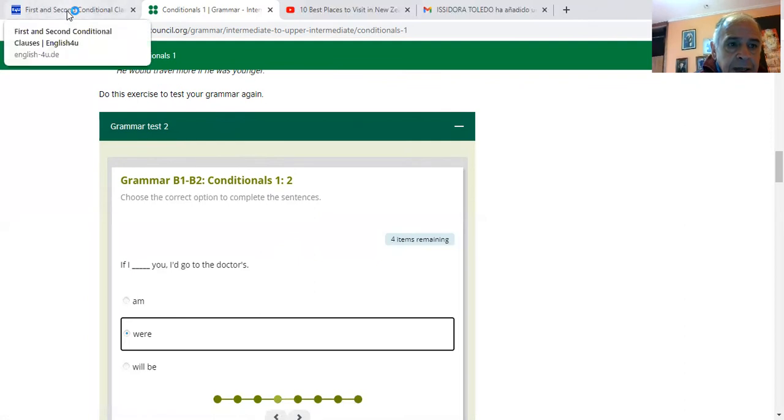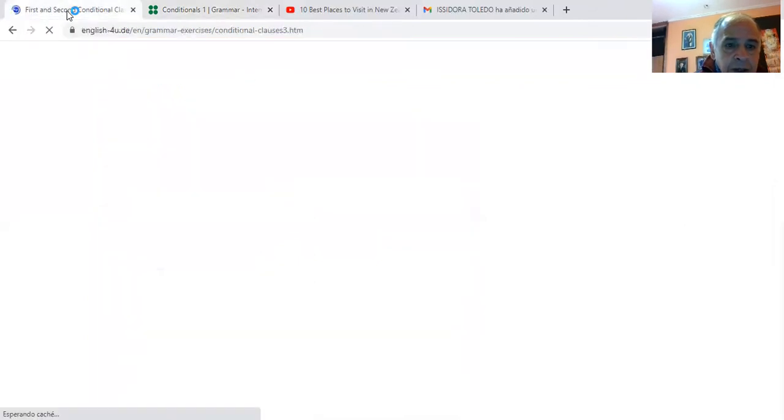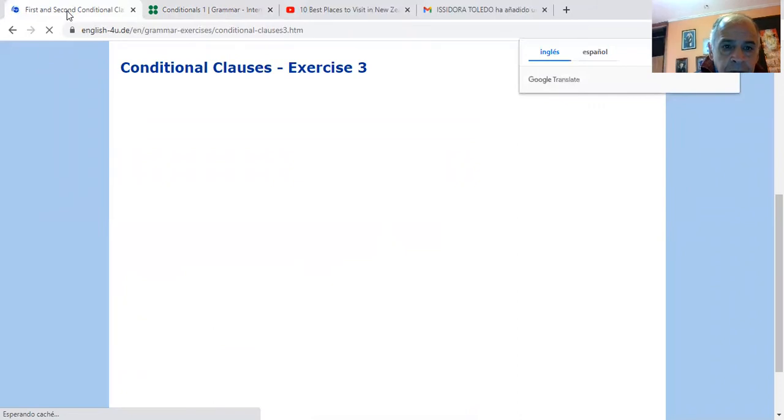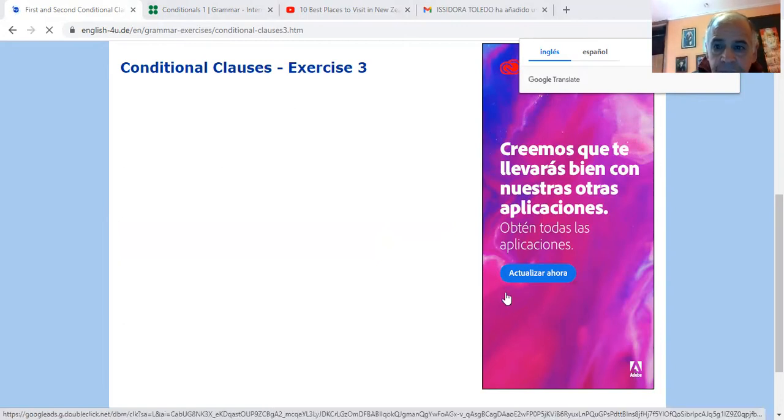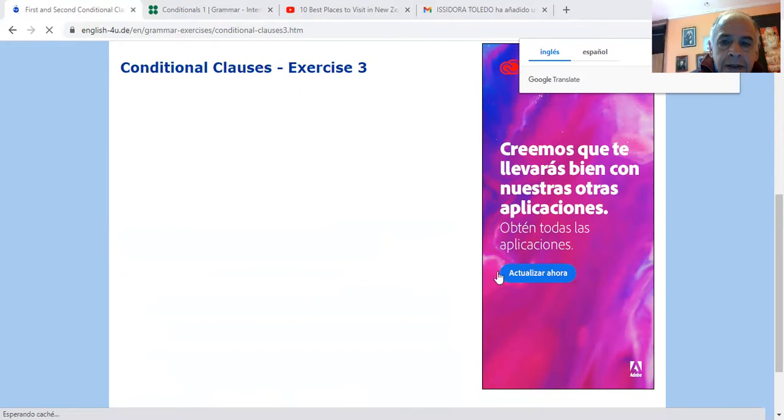Also, I have another page here, which could be useful for you. Let's see if I can share it. Conditional plus exercise 3, but it's still going back. Let's give it some time.